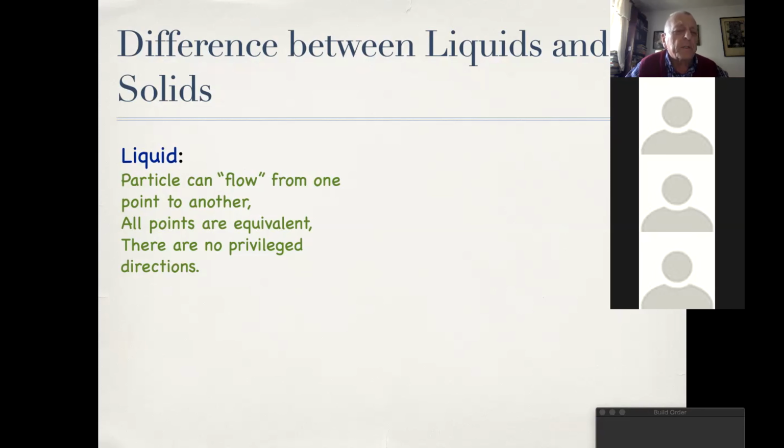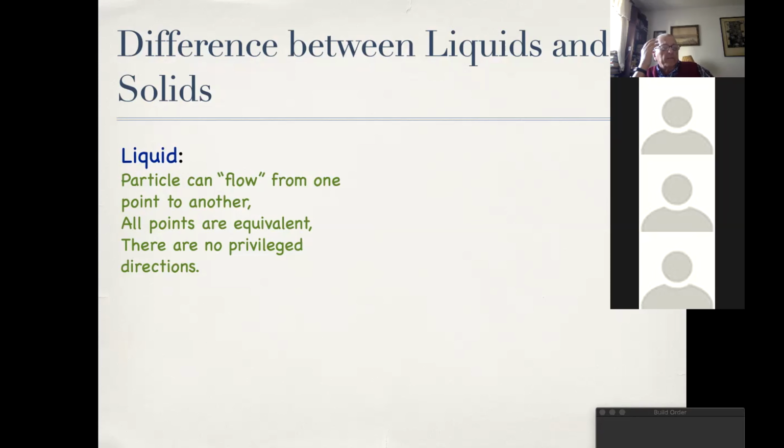The other important property is that if I have a huge container full of the liquid, then all the points within that container are equivalent. What does that mean? That means that if I'm having a huge container like an ocean, and if I put my finger in one particular point and I move 2 kilometers away, then there are no macroscopic differences between that water.